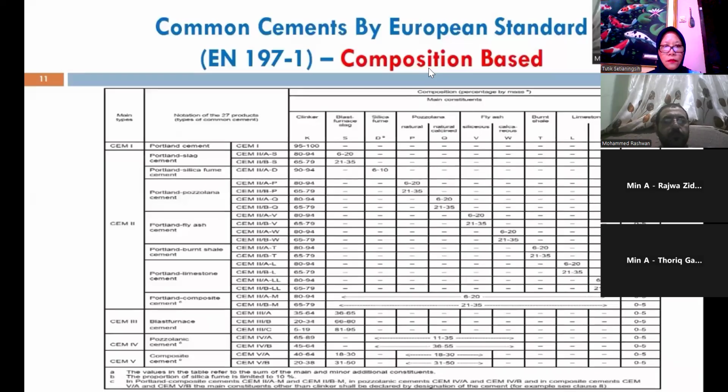This table gives notes on the common cements by European standard according to composition.